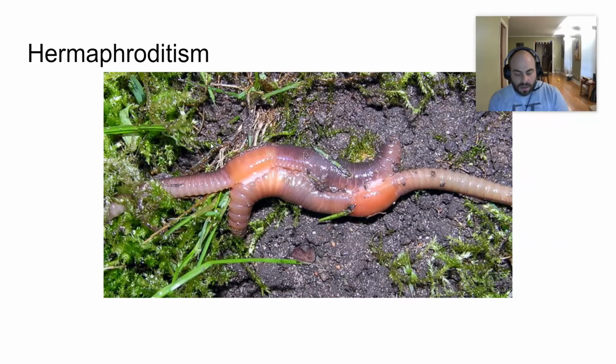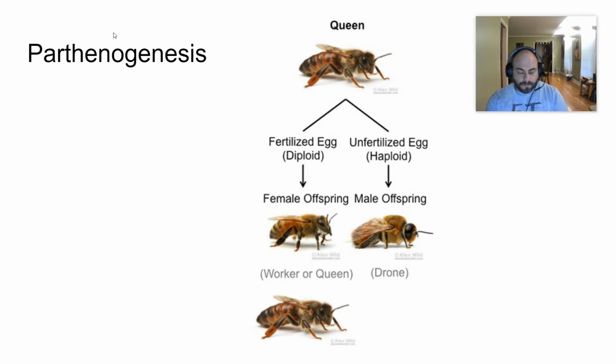This is basically when one organism has both sex organs, and so they are able to reproduce with any other individual. Like one earthworm can find any other earthworm, and they're able to reproduce. This is different than dioecious, which is where there are two different sexes, like most of the animal kingdom. There are also organisms called sequential hermaphrodites, where they can change sex later in life.